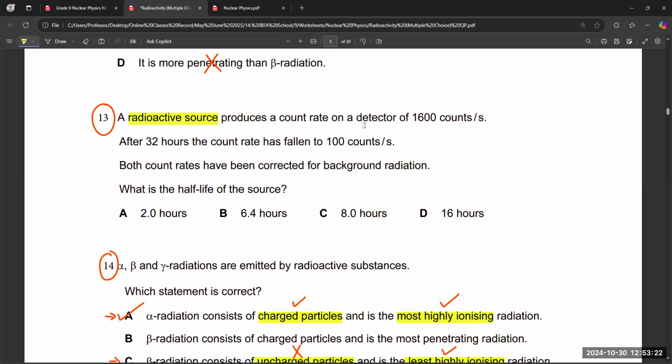On the detector, we are getting 1600. After 32 hours, the count rate has fallen to 100. So this is a different type of question. Both count rates have been corrected for the background radiation. It means there is no background radiation. What is the half-life of the source? So this is your initial value.